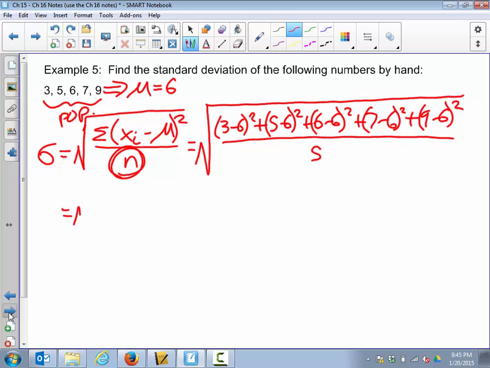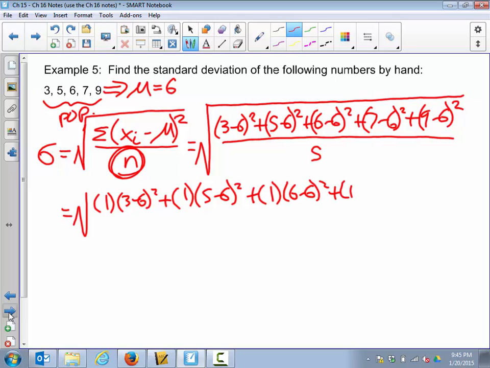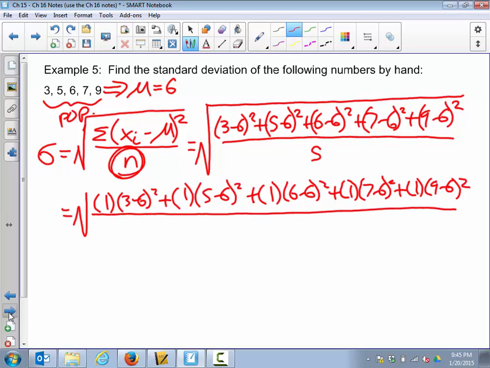Okay, so again, like I did 2 slides ago, I'm going to manipulate this just a little bit. Let's put coefficients of 1 in front of each of these sets of parentheses. So we'll do 1 times 3 minus 6 squared plus 1 times 5 minus 6 squared plus 1 times 6 minus 6 squared plus 1 times 7 minus 6 squared plus 1 times 9 minus 6 squared. Okay, all over 5.